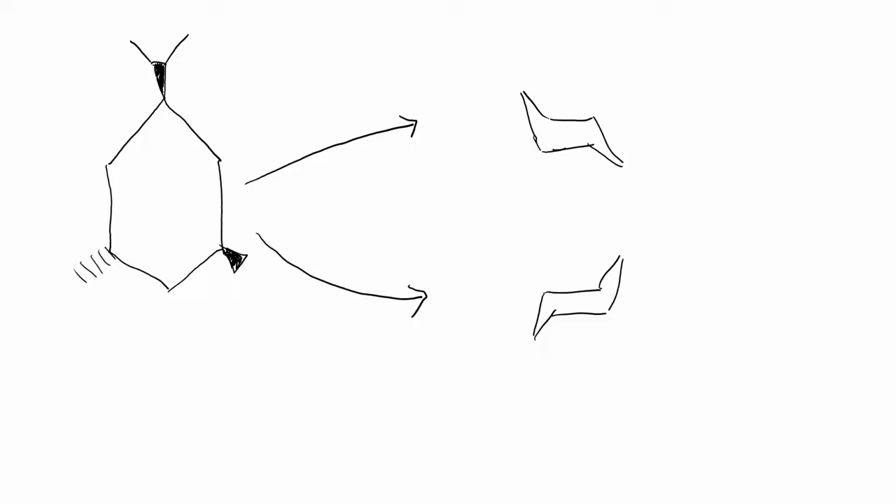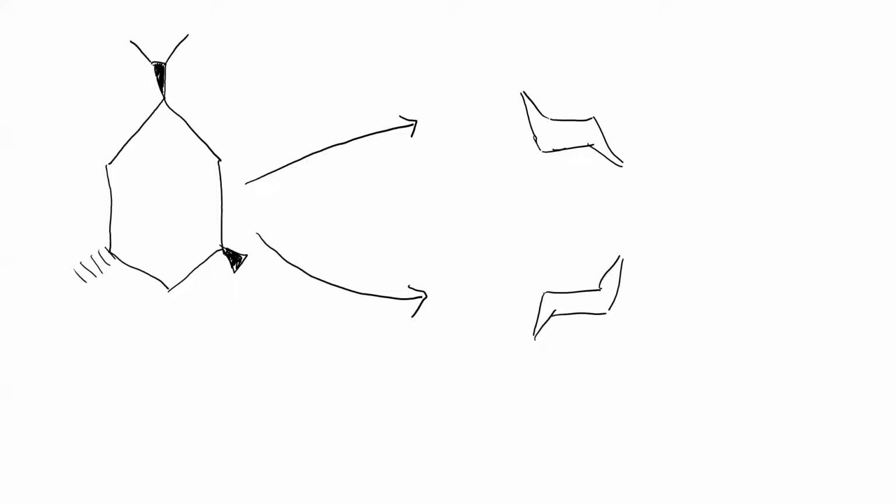You can see this is the chair flip in which you have the left-hand side pointing up, and then on the bottom, the left hand pointing down, and vice versa. And we'll talk about what happens to substituents when they go through a ring flip.